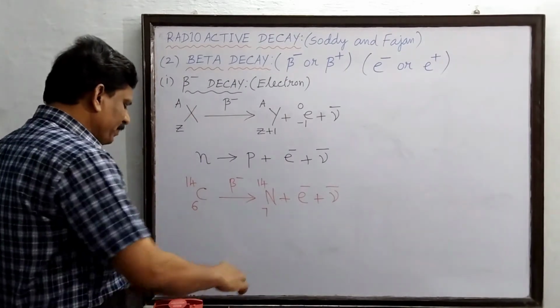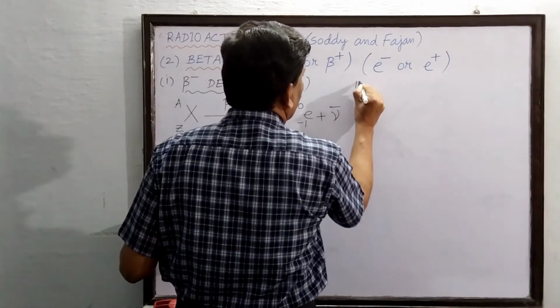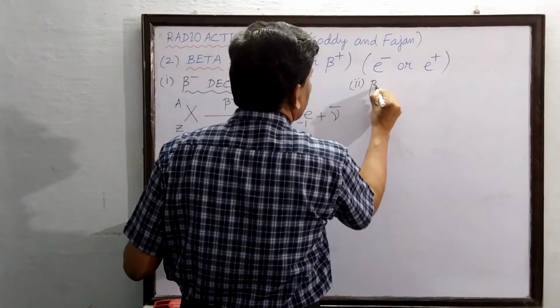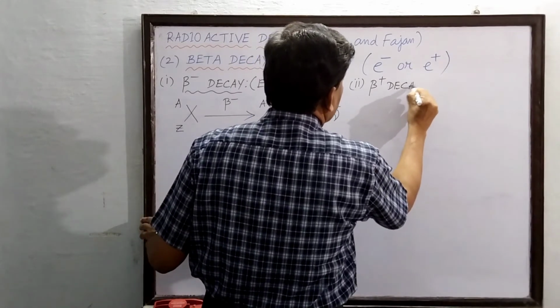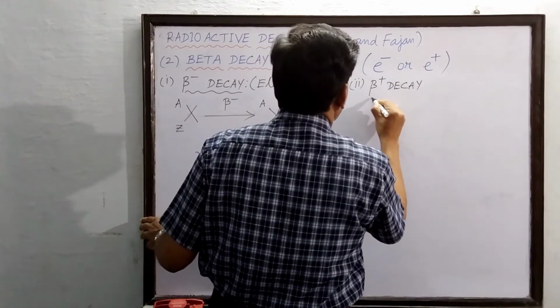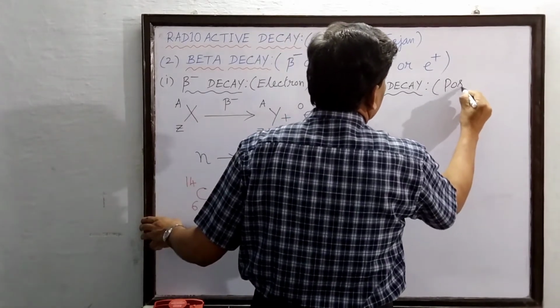Now the second type of beta decay process is beta plus decay. So here we are going to discuss now beta plus decay. During this decay, the particle emitted by the nucleus is a positron.